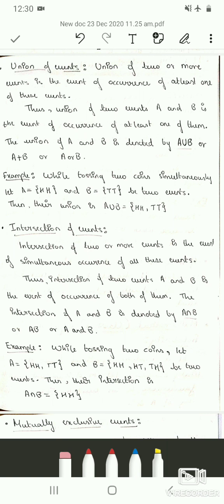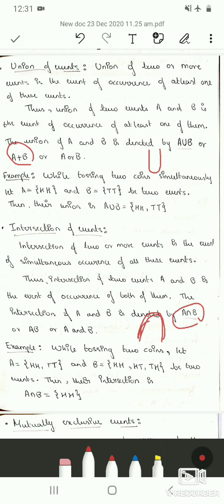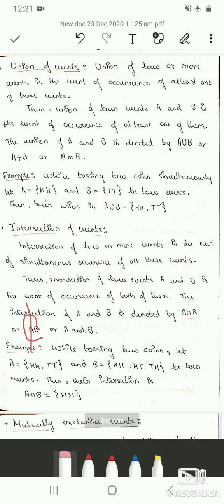The intersection of A and B is denoted by A intersection B, AB, or A and B. So in union we had U, and in intersection we have inverted U. And union means you are adding, so it is denoted by A plus B, and in intersection we are multiplying, which is A into B. Intersection we can also denote as A and B, but union will be denoted as A or B.